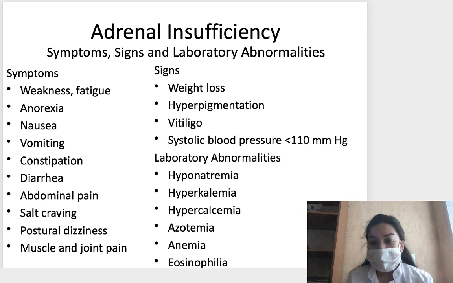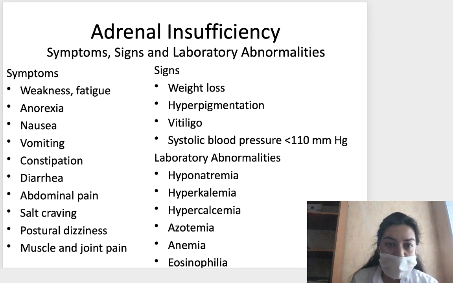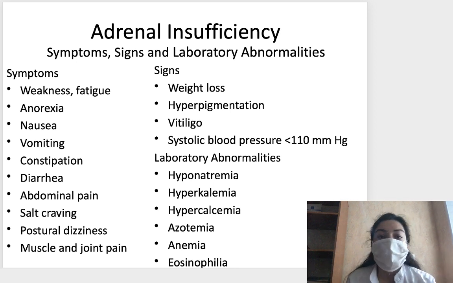Let's divide all the manifestations into symptoms, signs, and laboratory abnormalities. I hope you remember the difference between symptoms and signs: subjective and objective findings during your examination. What is subjective? What the patient can tell you about his or her disease: weakness, fatigue, anorexia, nausea, vomiting, constipation, diarrhea, abdominal pain, salt craving, postural dizziness, muscle and joint pain.